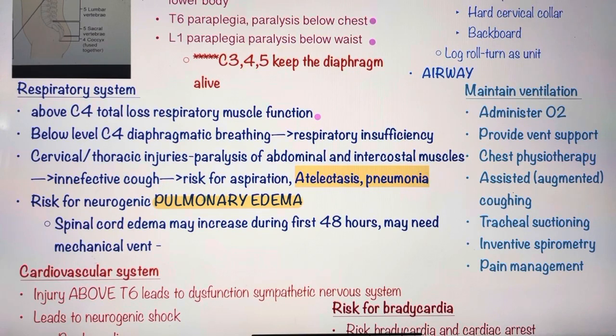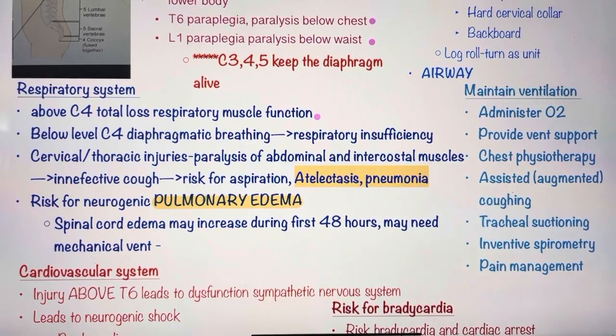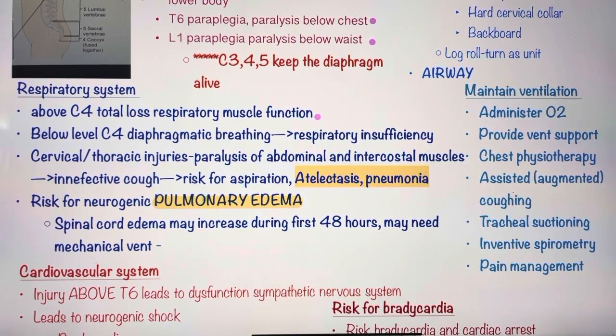So with cervical or thoracic injuries, this is going to result in paralysis of the abdominal and intercostal muscles, which in turn will create an ineffective cough, which increases the risk for aspiration, atelectasis, or pneumonia.